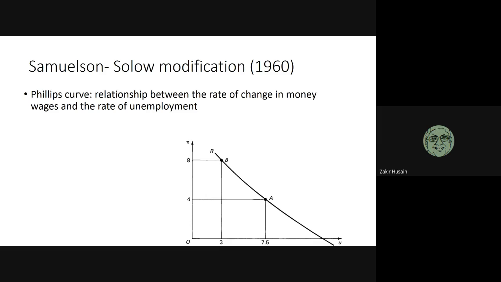So instead of a relation between unemployment and wage rate, we have a relation between unemployment and price level. And this made the Phillips curve more policy relevant. Why? Because now you could think of a trade off between unemployment and inflation. You can control unemployment, but this has a cost which is given in terms of rising price level.